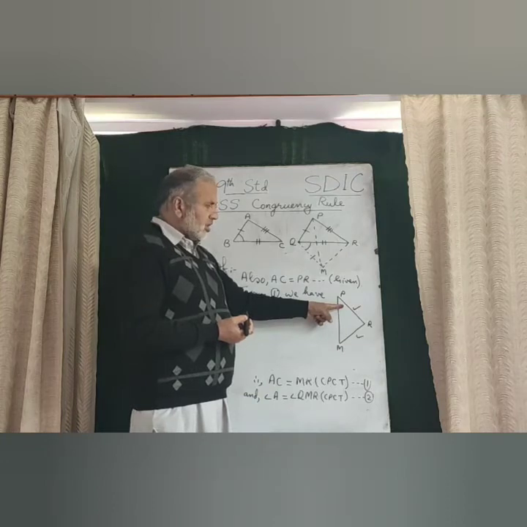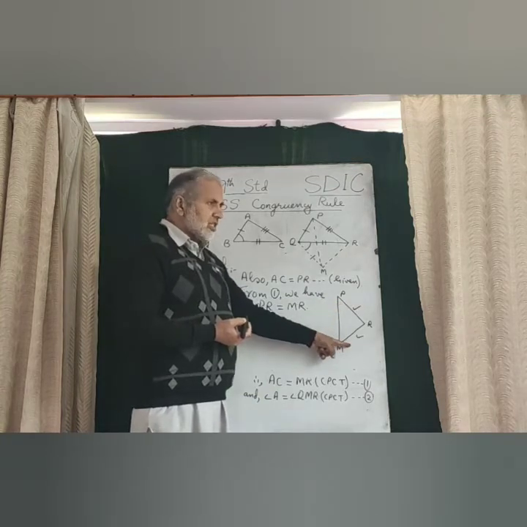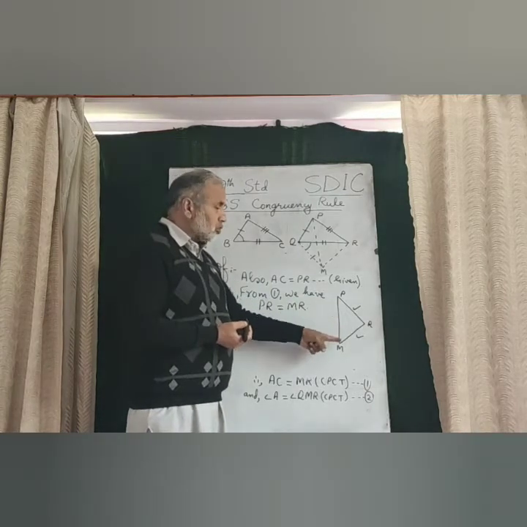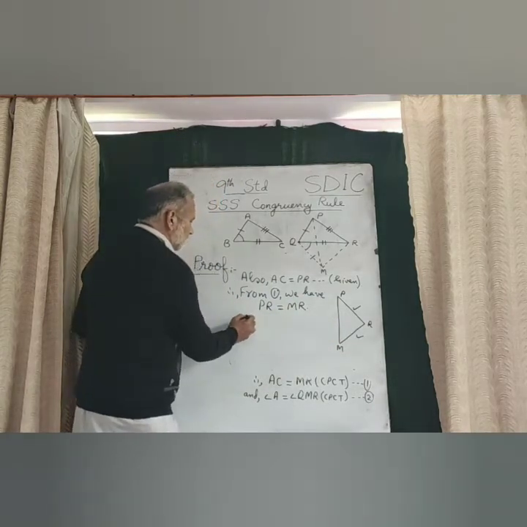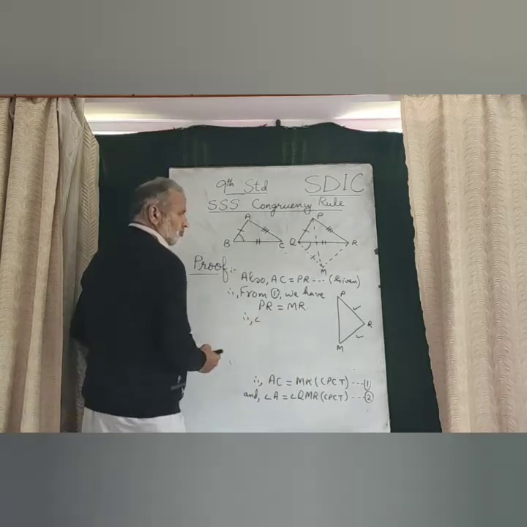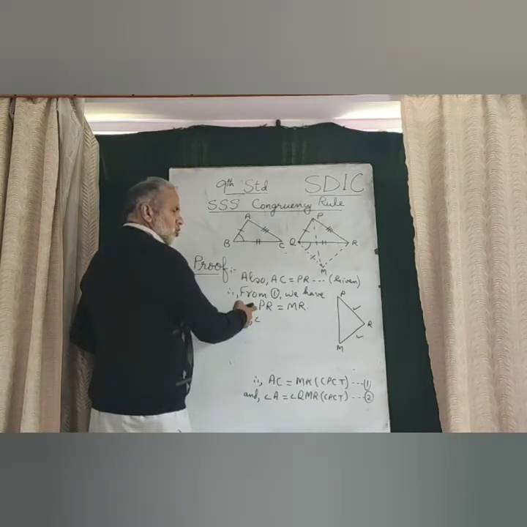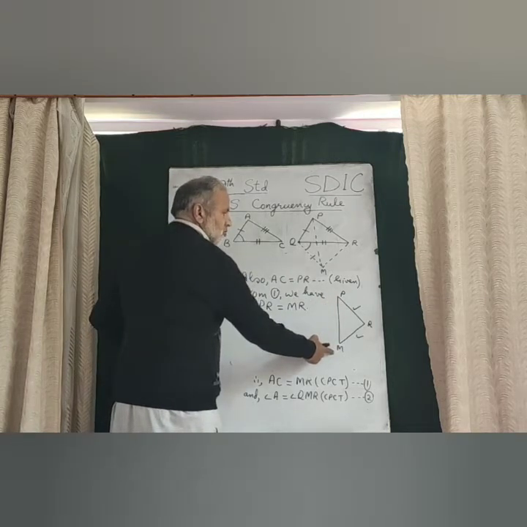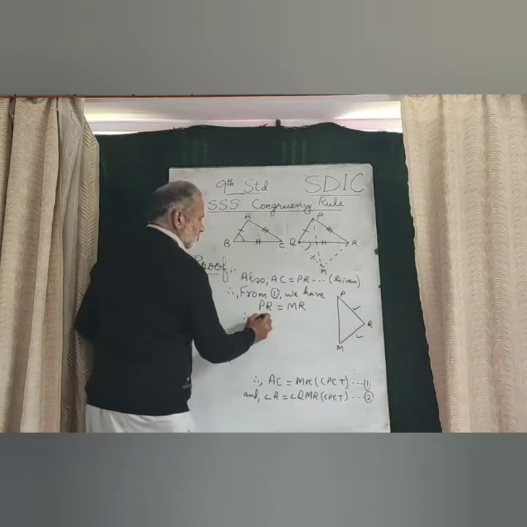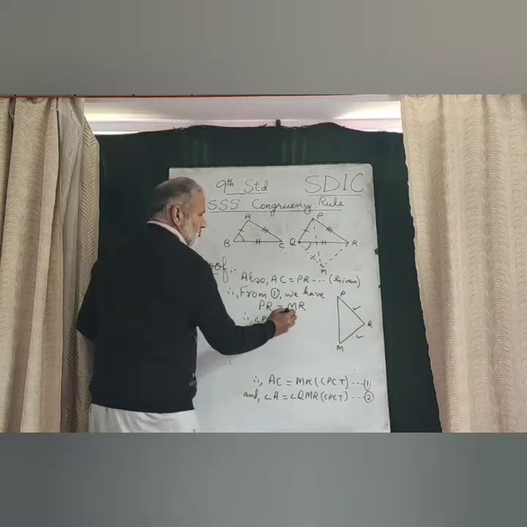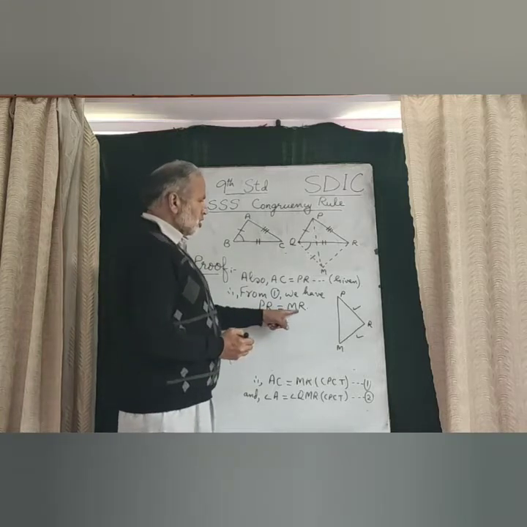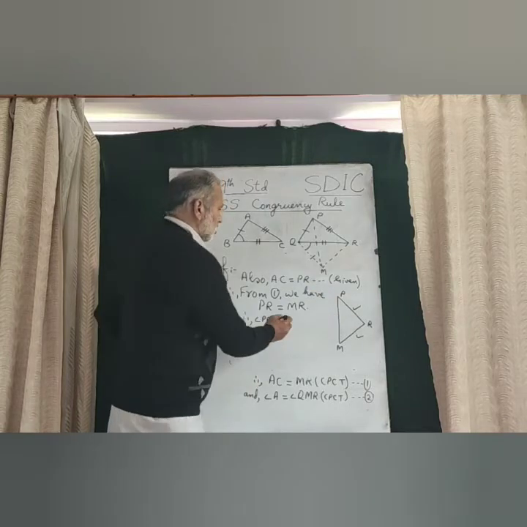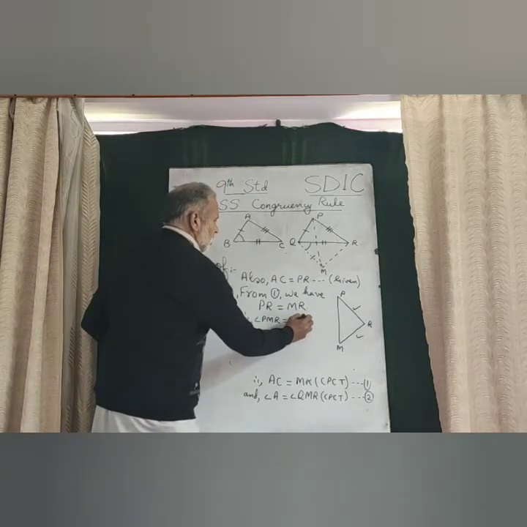This angle, which is opposite to the MR side, and this angle, which is opposite to the PR side, will also be equal. We write therefore: the angle opposite to the PR side, at vertex M, named PMR, is equal to the angle opposite to the MR side, at vertex P, named angle MPR.